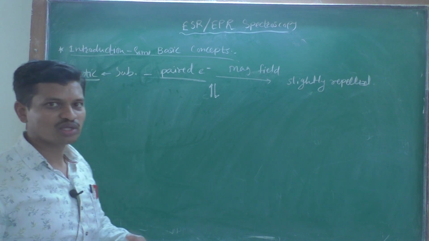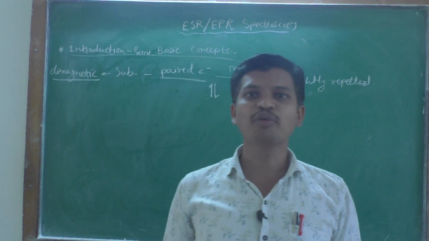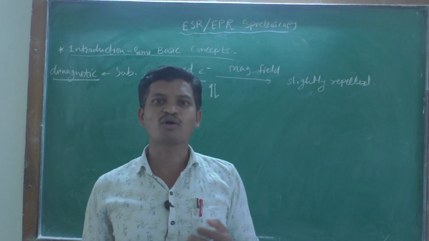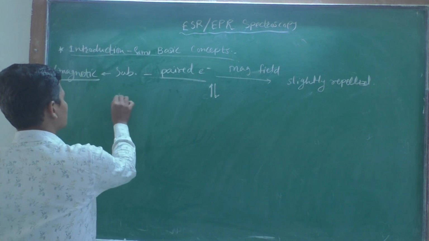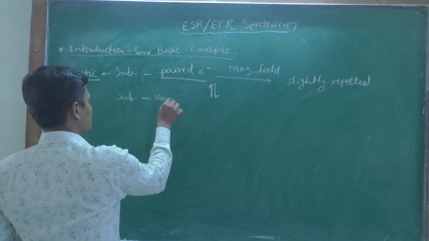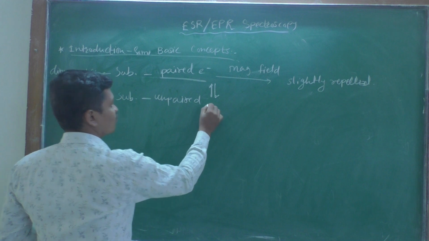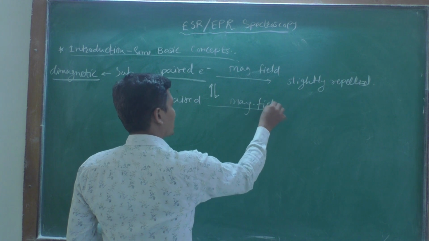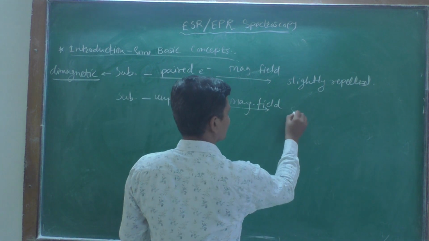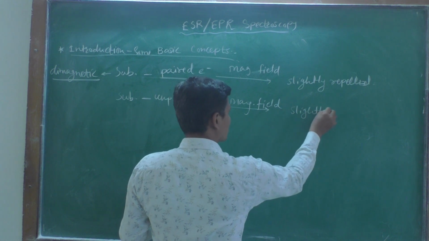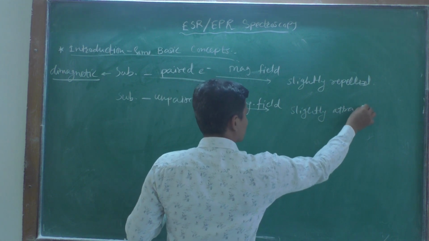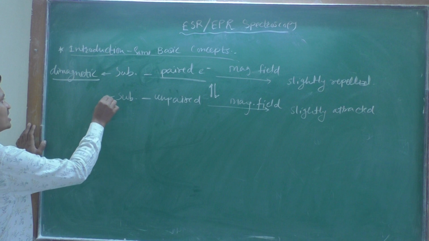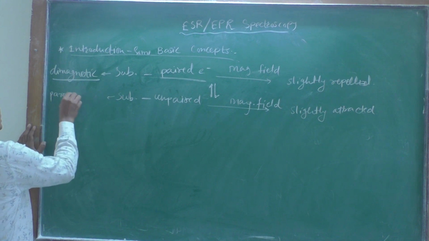Okay. On the other hand, some substances contain unpaired electrons, at least one unpaired electron is present in their orbitals. Such substances, when they are placed in an external applied magnetic field, are slightly attracted towards the magnetic field. Okay, such substances are known as paramagnetic substances.